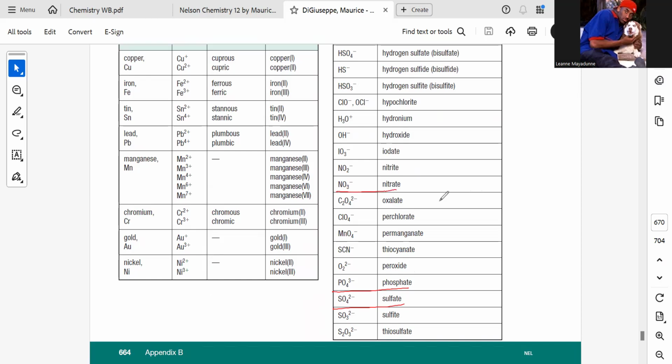Whatever is ending with ATE, you don't have to memorize. Hydroxide you don't have to memorize. For that you will always have the table with you.